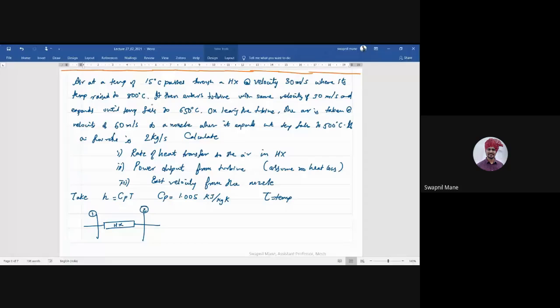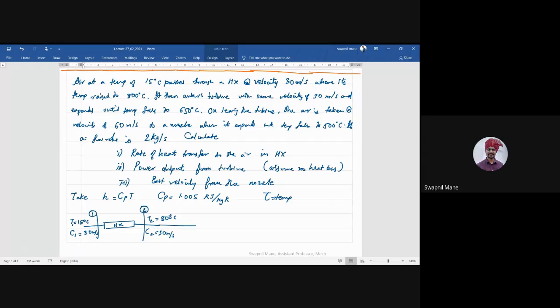T1 is equal to 15 degrees Celsius, C1 is equal to 30 meter per second, where its temperature is raised to 800 degrees Celsius. T2 is equal to 800 degrees Celsius. It then enters the turbine with the same velocity. So C2 is equal to 30 meter per second.